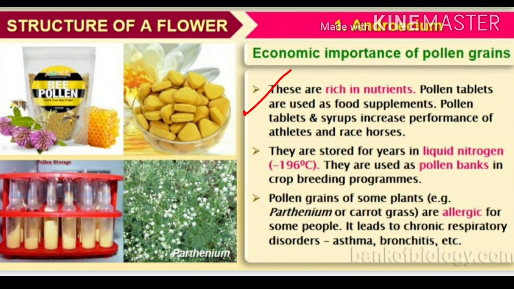In these countries, the use of pollen tablets as a food supplement has become a fashion. Pollen consumption has also increased the performance of athletes and race horses. Usually they are taken as supplements, which have been found to increase the performance of athletes. So that is the importance of pollen products.